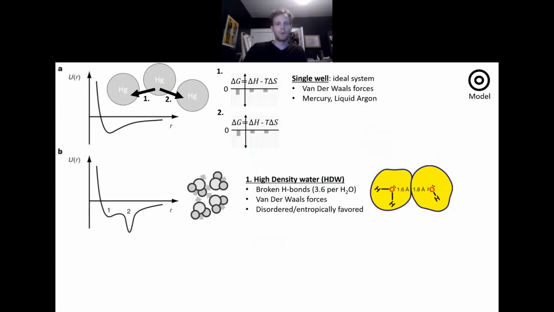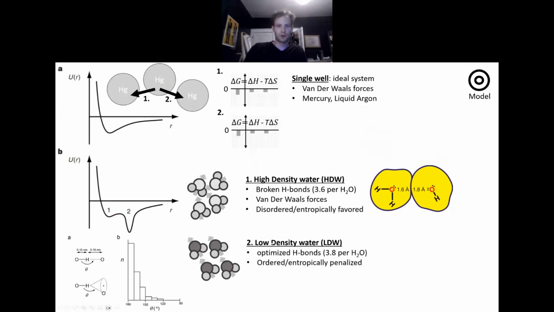But what is unique about water is this double well potential, and this double well potential comes from the hydrogen bond. In well 1 we have high density water where you have broken hydrogen bonds and fewer average hydrogen bonds per water molecule, and you're now relying on van der Waals forces or interactions. This is disordered and entropically favorable. But the low density water form 2 here has optimized hydrogen bonds.